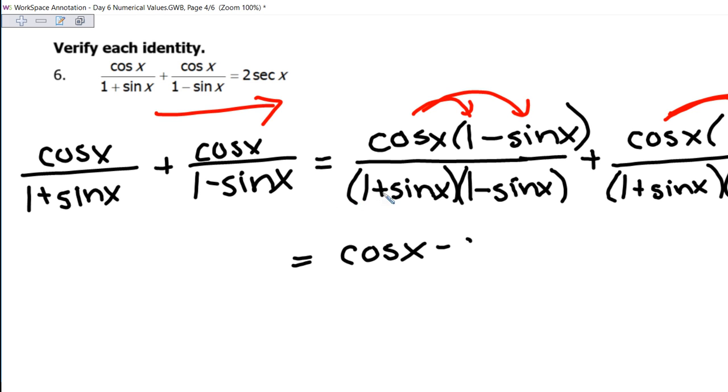Negative cosine x sine x. Distributing the second cosine x, we already said cosine x times 1 is cosine of x. And cosine x times sine x is cosine x sine x.